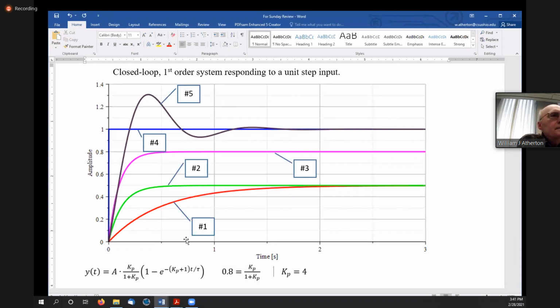What are the roots of equation 3? Or the characteristic equation for curve number 3? Are they real or are they complex conjugates? Let's see.